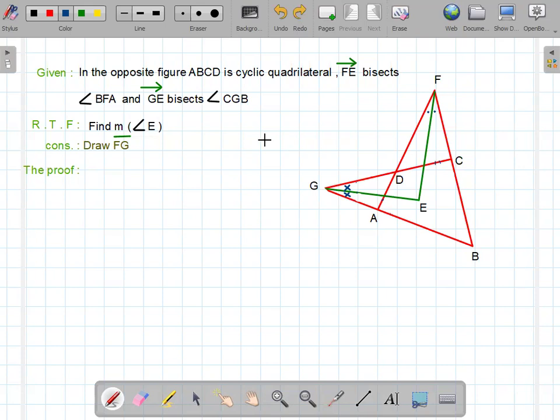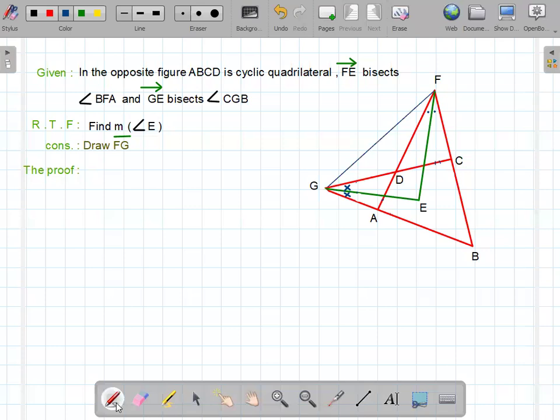The construction we will do is that we will draw FG. We also will denote every angle by a number to make it easy.